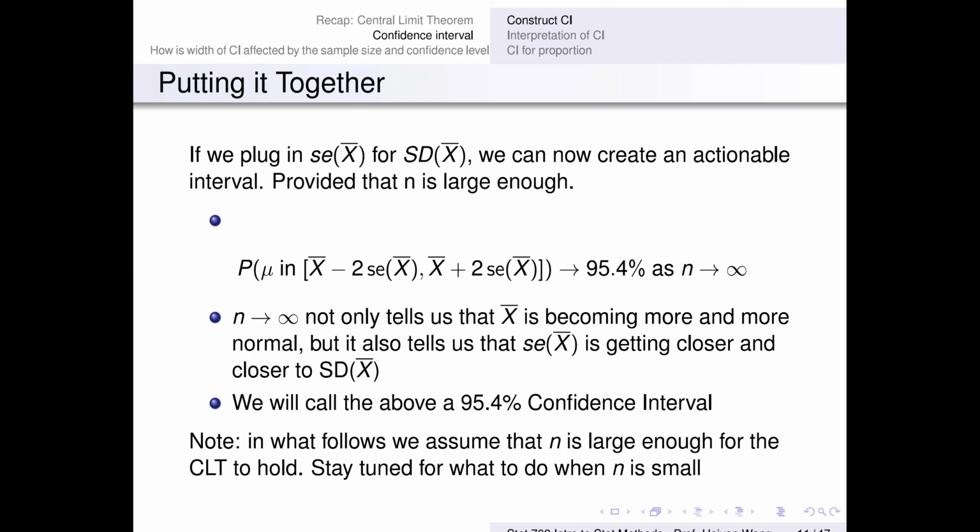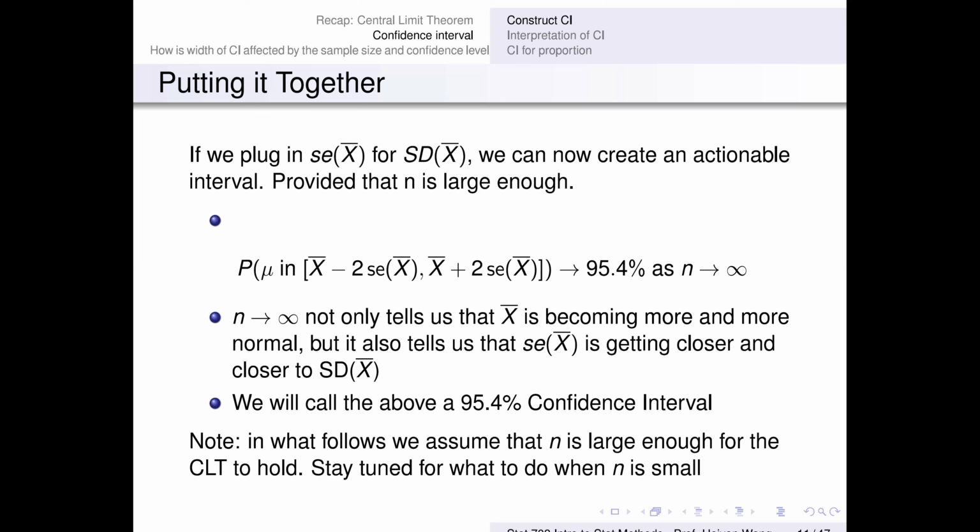So basically, as the sample size gets large, we already know this X bar is approximately normally distributed, and the X bar standard error will become smaller and smaller because of the sigma over square root of n, the square root of n in the denominator. Therefore, this interval will become narrower as the sample size n is large, because the standard error has square root of n in the denominator.